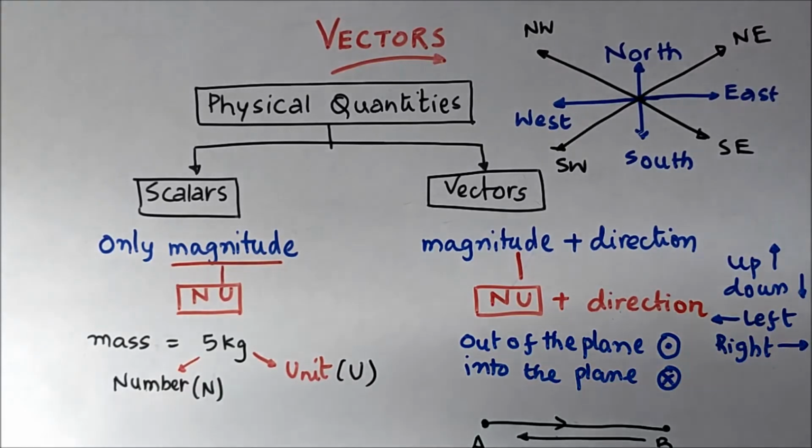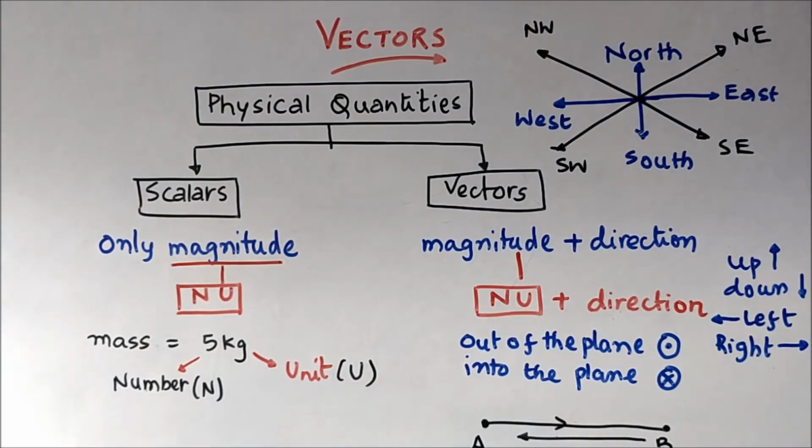The most important difference between scalars and vectors is how algebraic operations are done on them. Scalar quantities follow basic algebraic operations, whereas vector quantities do not. They follow vector laws. So let's see.